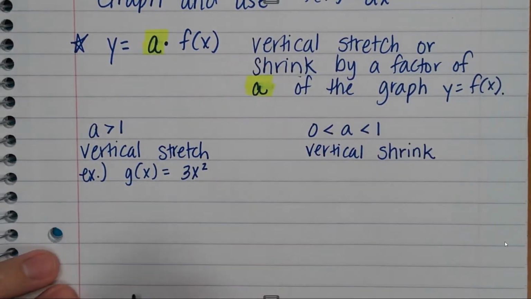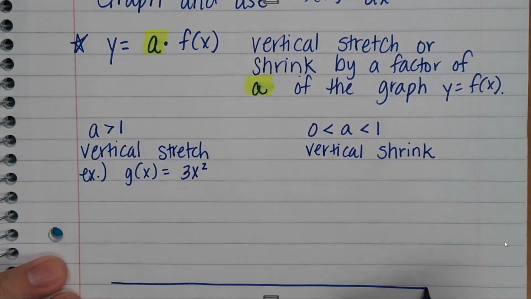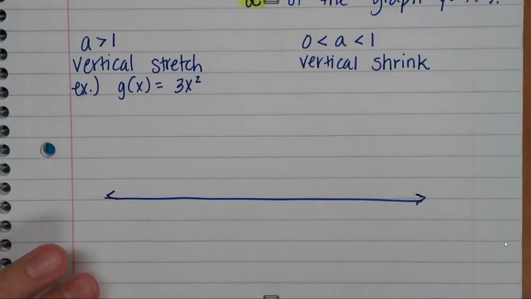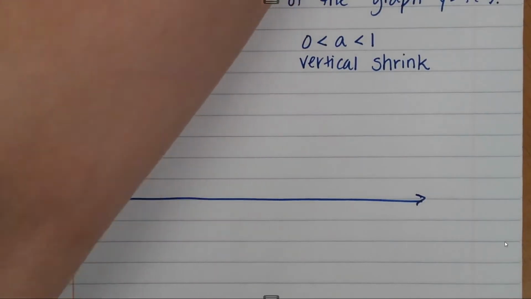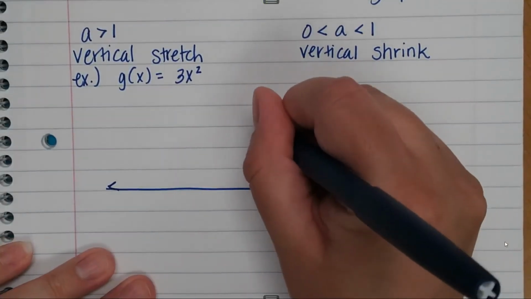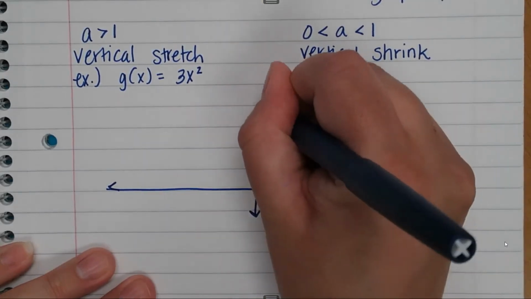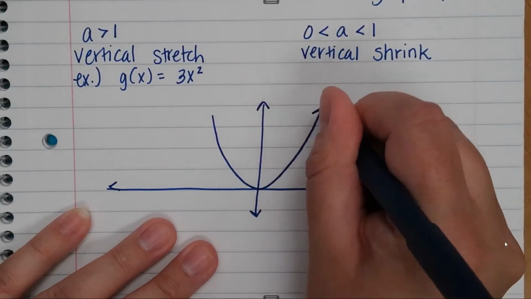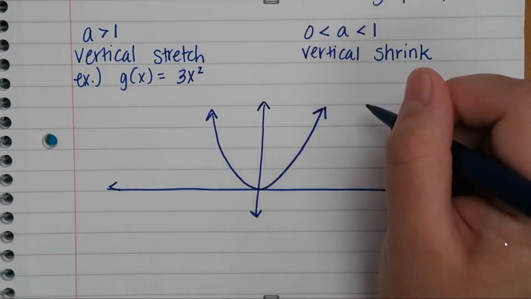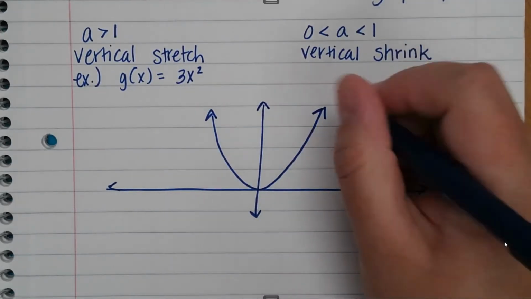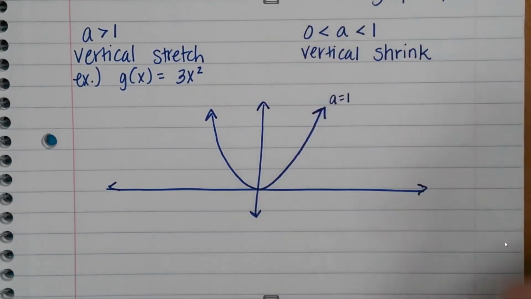So the way that looks is if you have a coordinate plane, and this is your parent function, your parabola. This is y equals f of x, where a equals 1.